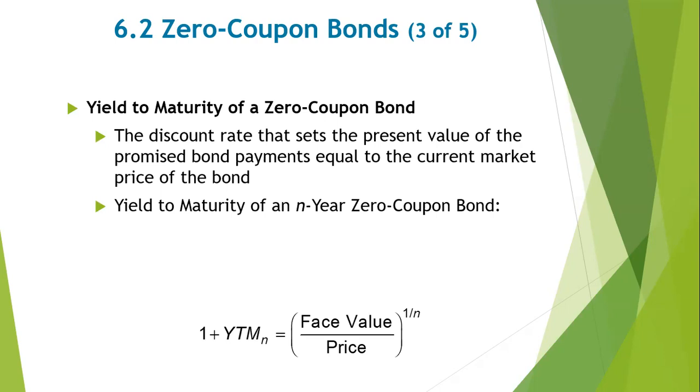The rate of return for an investment in a bond is specifically termed the yield to maturity, or simply the yield. So you see the acronym YTM, which is yield to maturity.